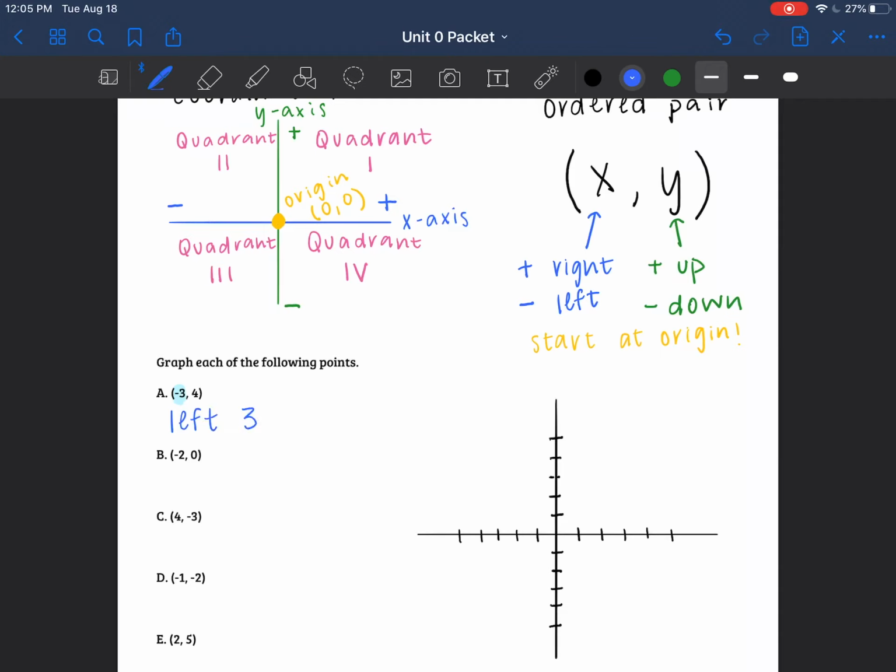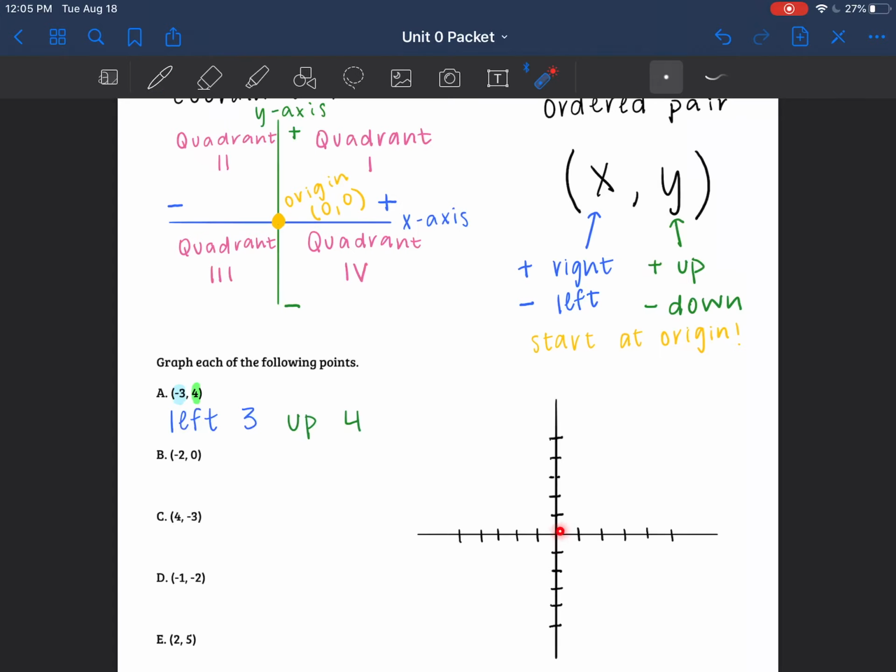And then I'm going to look at my second number. My second number is a +4, and that's in the y place, so that's telling me how many to go up or down. In our notes, we wrote down positive for up, negative for down, so we are going to go up because it's a +4. We're going to go up 4. And again, we're always going to start at the origin. I'm going to use my little laser pointer and show you how I'm counting.